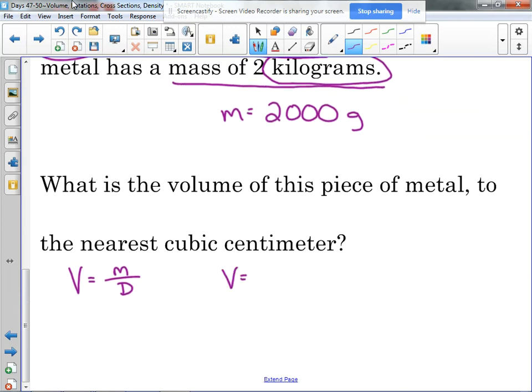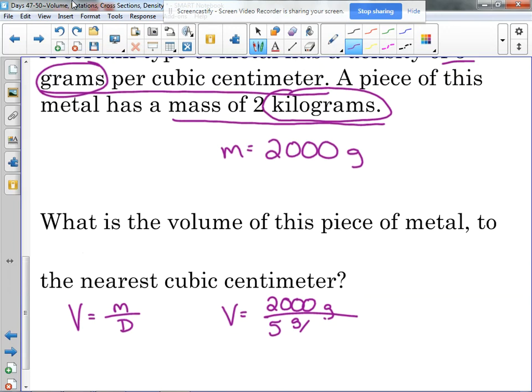So volume is 2,000 grams over density, 5 grams per cubic centimeter. 2,000 divided by 5 is 400. The grams cancel. Cubic centimeters are our units for our volume.